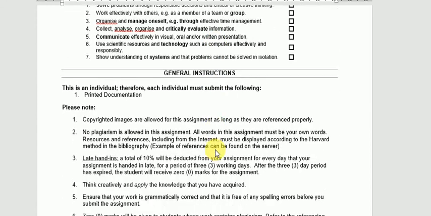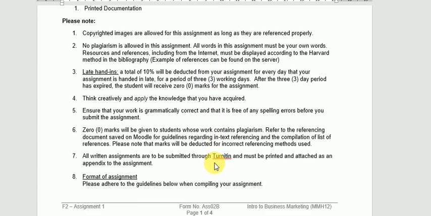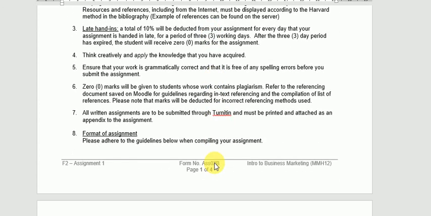For me, most importantly about this specifically is the referencing, to ensure that you reference properly. In other words, if you are going to use a specific resource, it can be your textbook, it could be an additional textbook, it could be a book that you found in the library, it could be an internet resource, it could be anything.